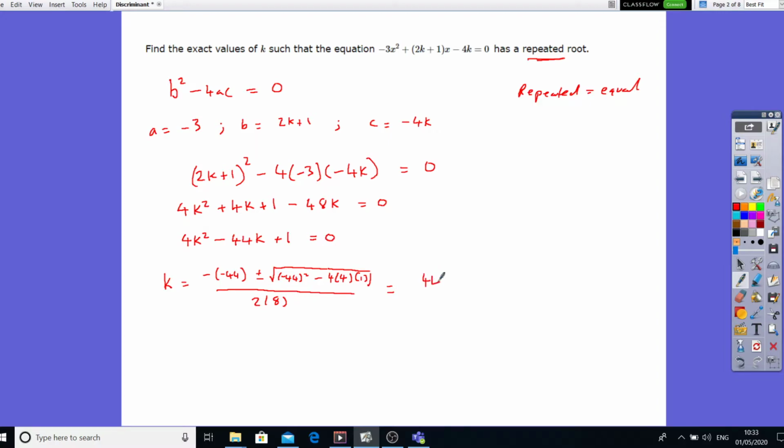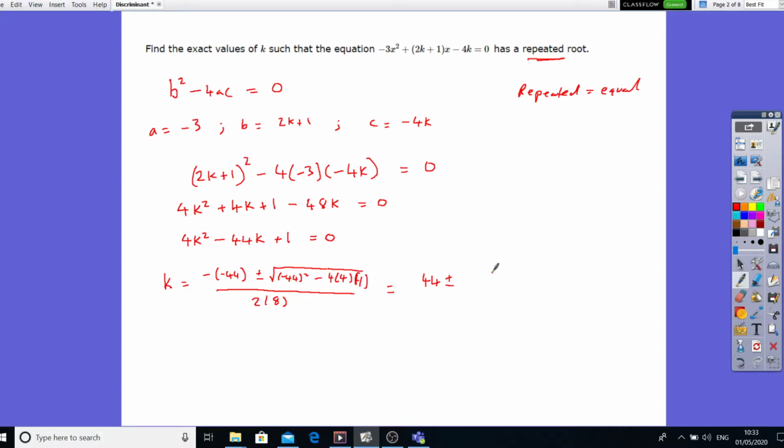44, to make it positive, plus or minus, if we do 44 minus 44 squared, minus 4ac, it's a 1, sorry, close bracket.